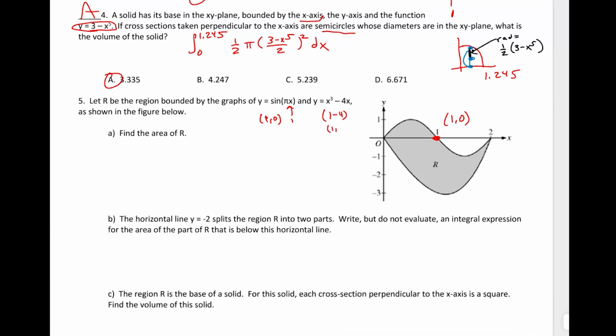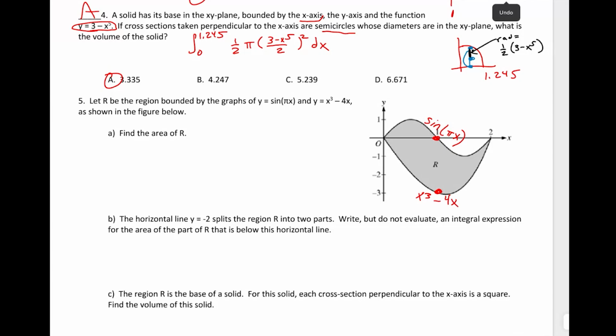So I've got a point at (1, -3), which would be down here, right? So that means that top function is, let me erase all this just to save a little bit of room, it means our top function for sure is sine of pi x, and our bottom function is x cubed minus 4x.